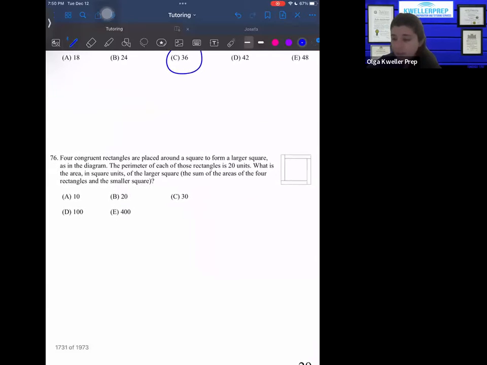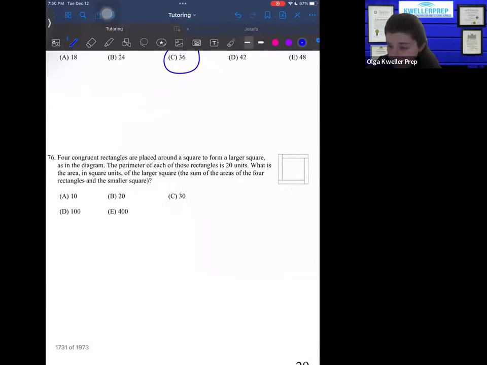Okay, the next one, we've got 4 congruent rectangles placed around the square to form a larger square. The perimeter of each rectangle is 20. Okay, so if the perimeter is 20, what can the sides be, right? So the perimeter means that I have x and y. So I've got 2y plus 2x is equal to 20.